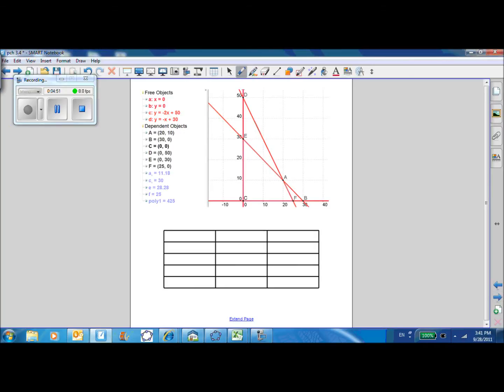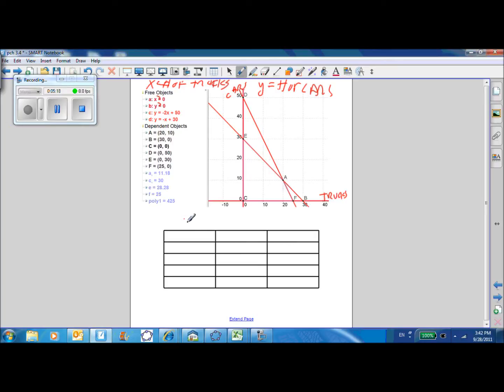Let me just tweak these a little bit. That is, x was greater than or equal to 0, y was greater than or equal to 0. In this case, I'm going to let x equal the number of trucks, and y will equal the number of cars. So this is trucks on this axis, and this is cars on this axis.